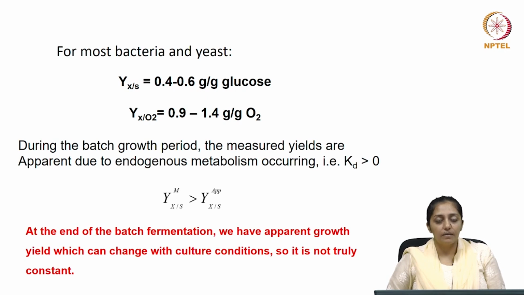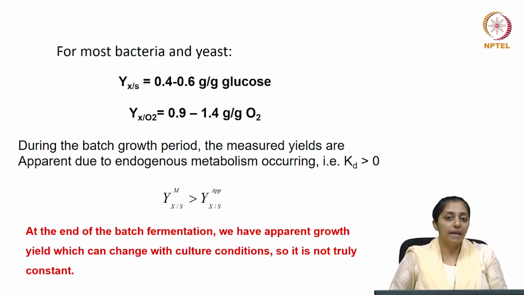And in that case, when the endogenous metabolism is high, the theoretical yield coefficient will be higher than the actual or experimentally measured yield coefficients, which are based on the amount of biomass produced per unit substrate consumed. So, at the end of batch fermentation, we have an apparent growth yield which can change with culture conditions. So, it is not truly a constant.